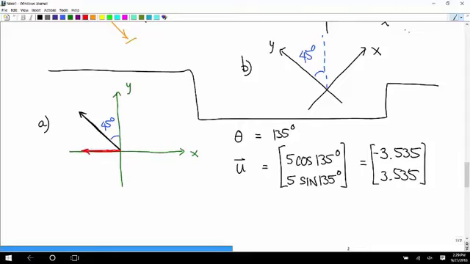And from there, you go in the positive y direction, another 3.535. Okay, so in that first coordinate system, these are the components.